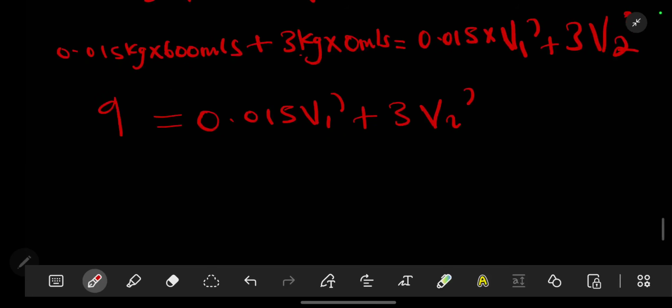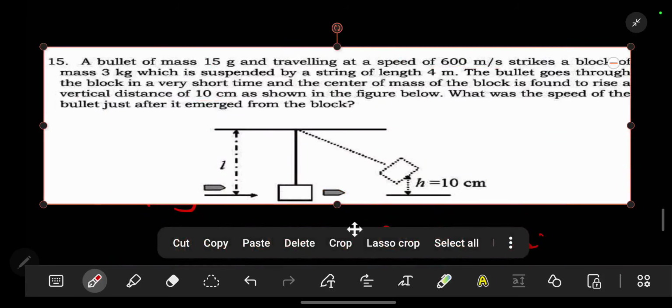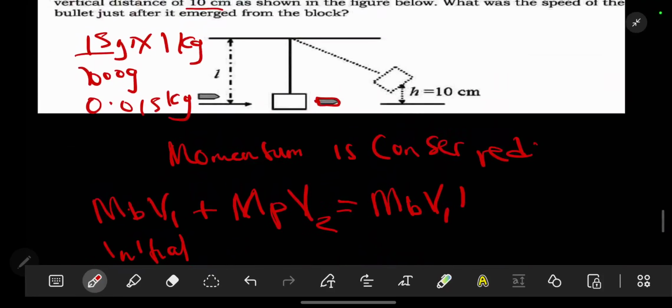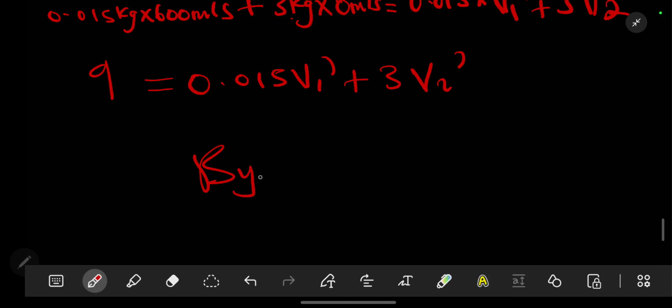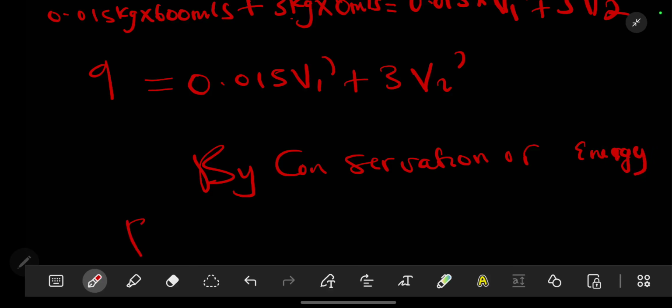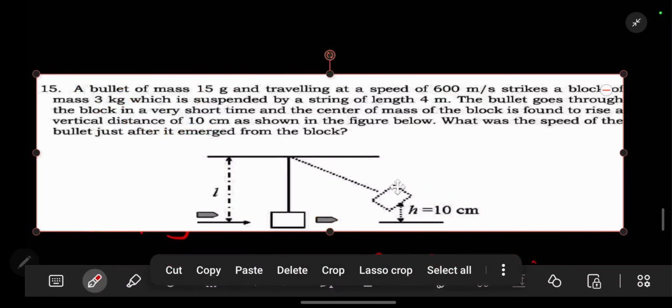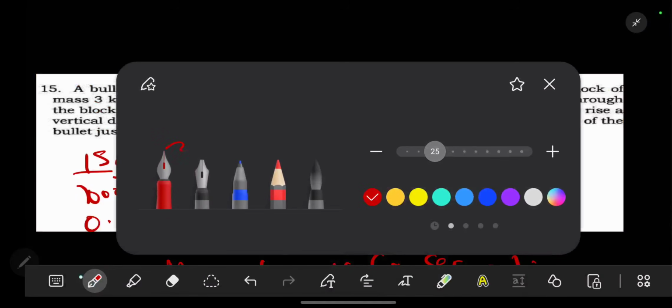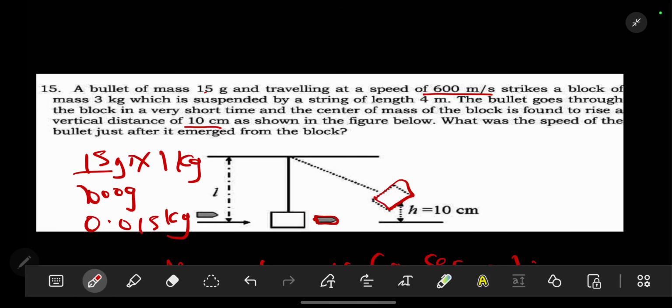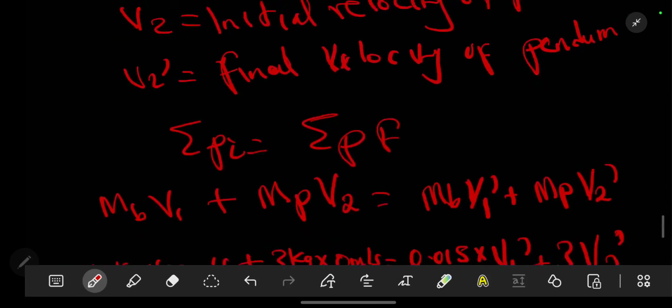So with that done, we are now going to refer to the conservation of energy. So we can say, by conservation of energy, the potential energy that is gained by the pendulum, the pendulum was the one that gains the potential energy because it has moved up, but this time it's alone without the bullet.